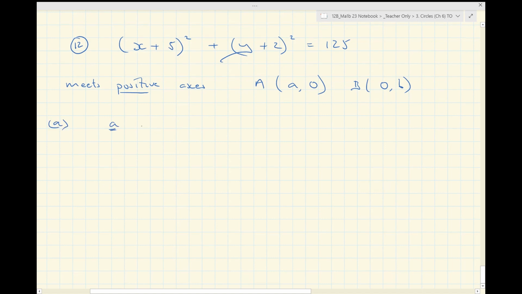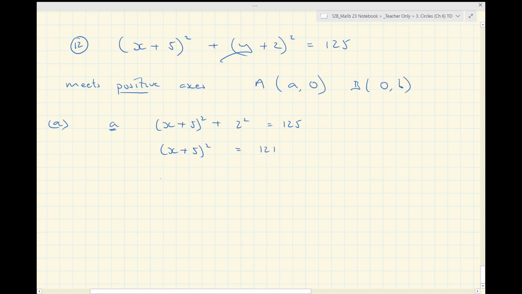So little a has a y coordinate of 0, so I'm going to have x plus 5 squared plus 2 squared equals 125. Now it would be tempting to multiply out this bracket here, expand the bracket and take it from there, but that would be slightly foolish because I can solve it in this way.